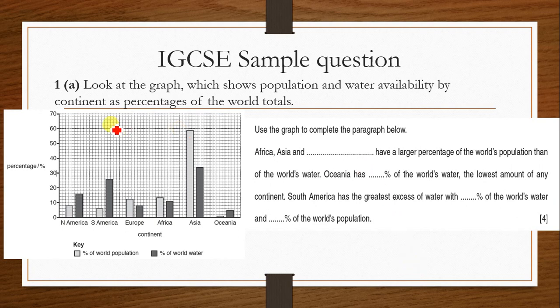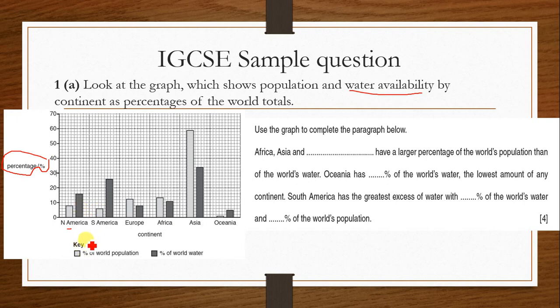They said, look at the graph which shows population and water availability by continent as a percentage of the world total. So here we're looking at water availability by continent, and we have a list of the continents here, and the percentage water availability in each continent.